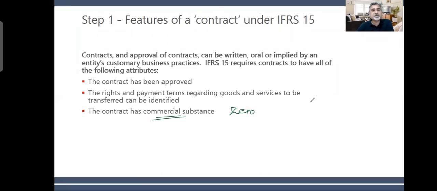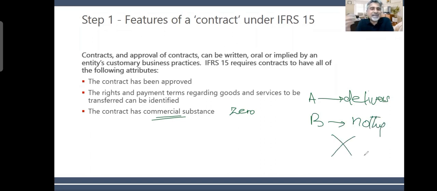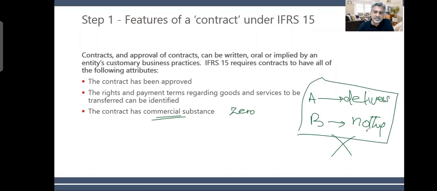If there is a contract in which party A delivers something, maybe some goods or maybe services, and party B does nothing, there is no contract. There is no binding contract. It could be some kind of favor or some kind of social obligation, but it does not have any legal binding capacity because it must have some commercial substance.